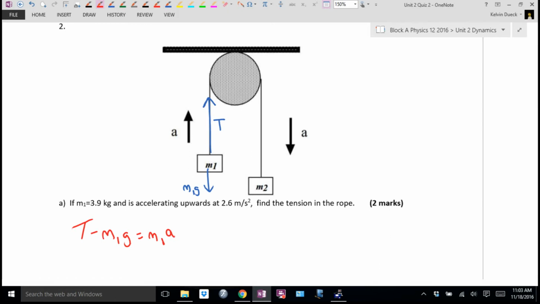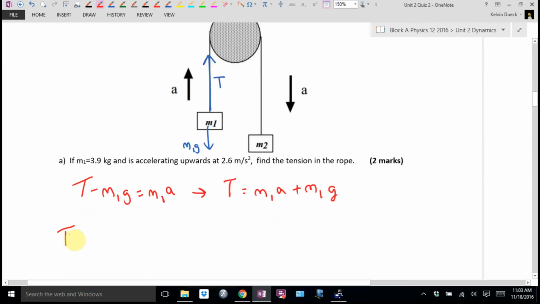I've got a mystery mass. But I can get the tension. Tension is going to be M1A plus M1G. Tension is going to be M1 3.9, A 2.6 plus 3.9 times 9.8.